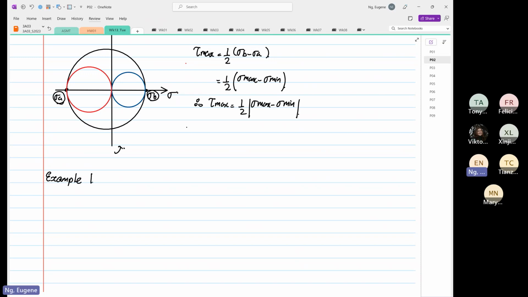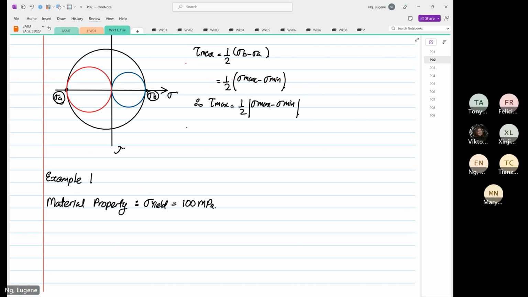Example number 1. We were given that the material property, stress yield, is equal to 100 megapascal.